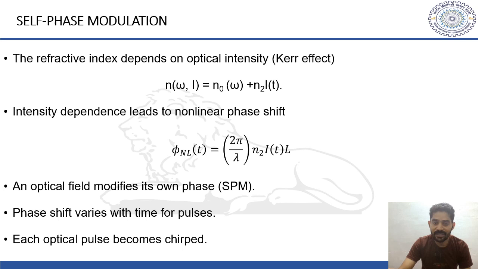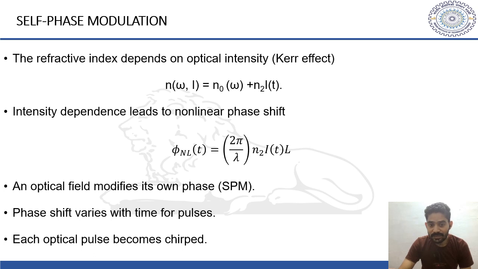Self-phase modulation, as the name suggests, modulates its own phase. The light traveling in a highly nonlinear medium causes the self-phase modulation through this interaction. The refractive index depends on the optical intensity, that is the Kerr effect. n is equal to n0 plus n2 I, where n0 is the linear refractive index and n2 is the nonlinear refractive index.